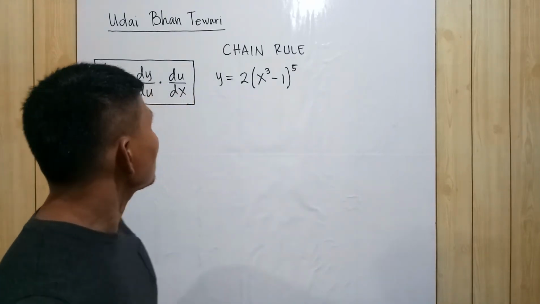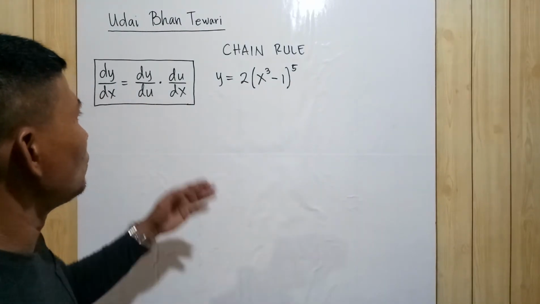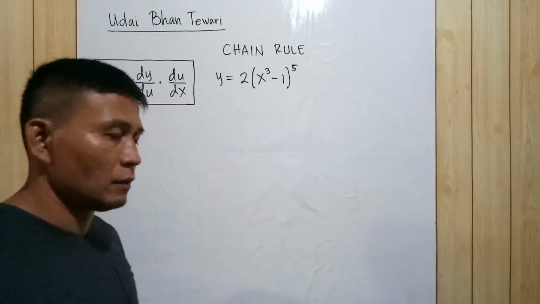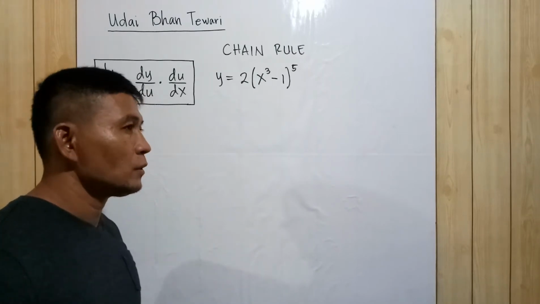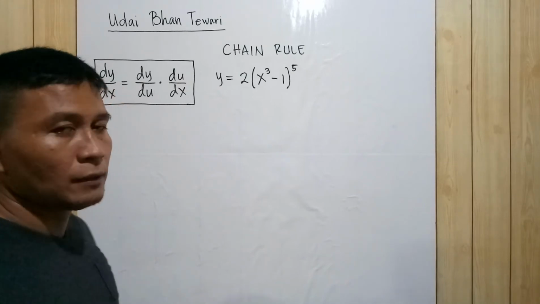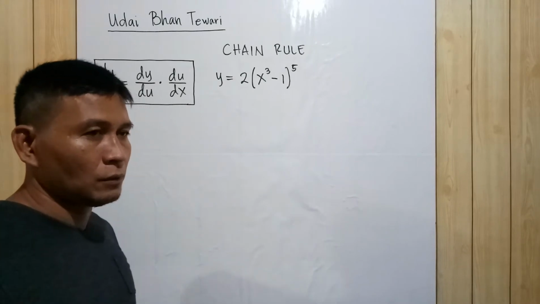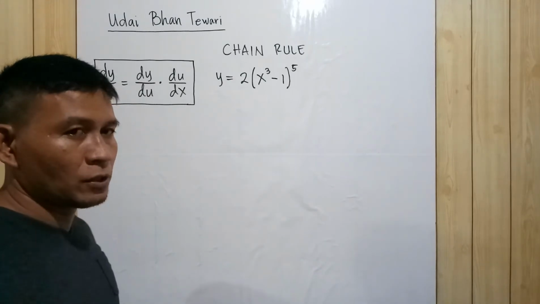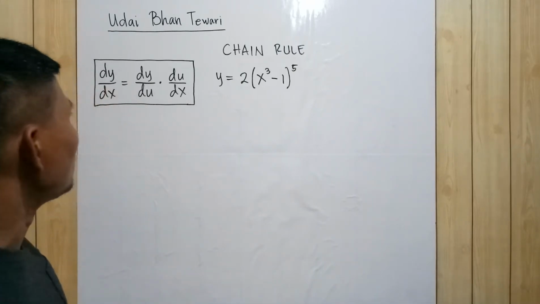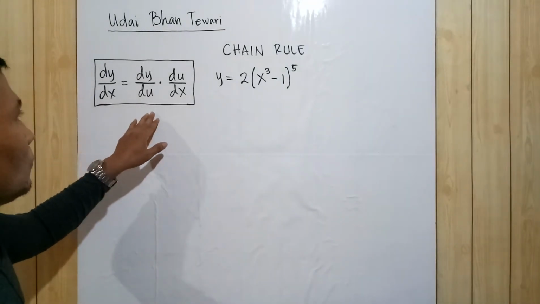So a chain rule follows the pattern of, if you are given a function y and you are told to differentiate in terms of x, chain rule takes use of another variable u and then differentiates y in terms of u and multiplies that to the differentiation of u in terms of x. Just like what you see here on the board, this is the pattern followed in chain rule.